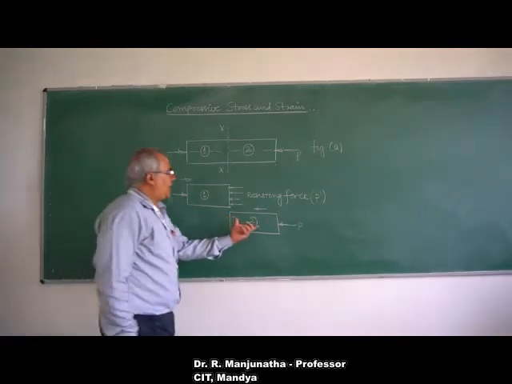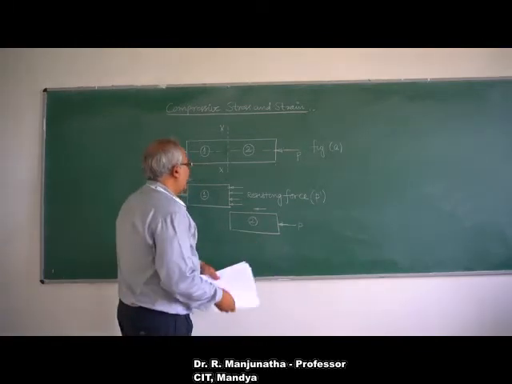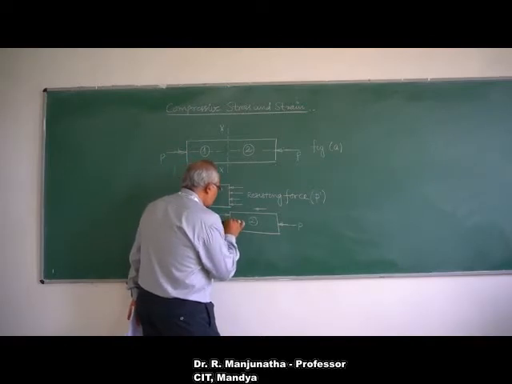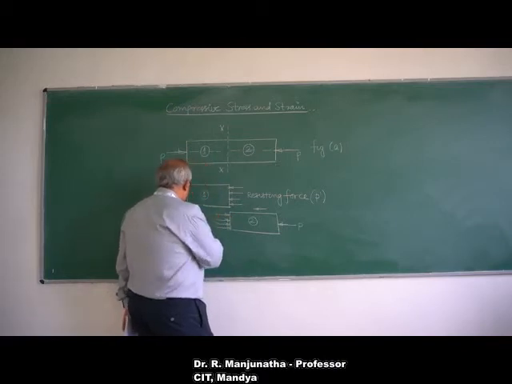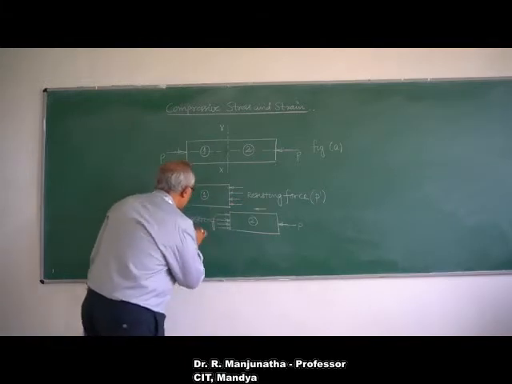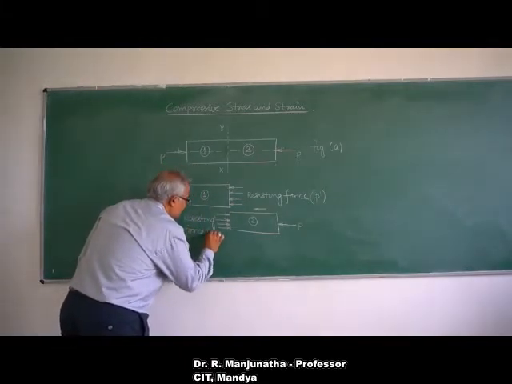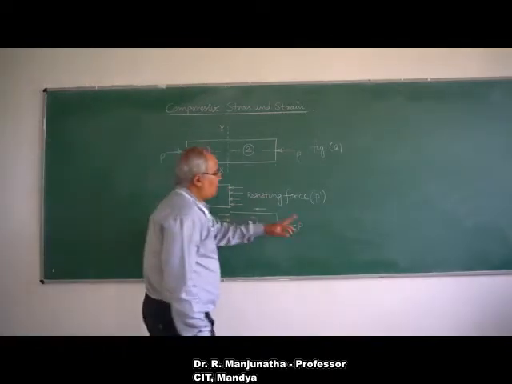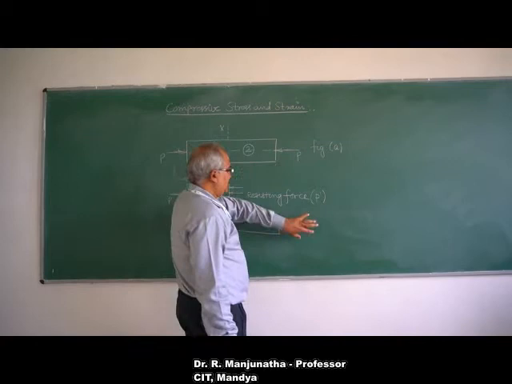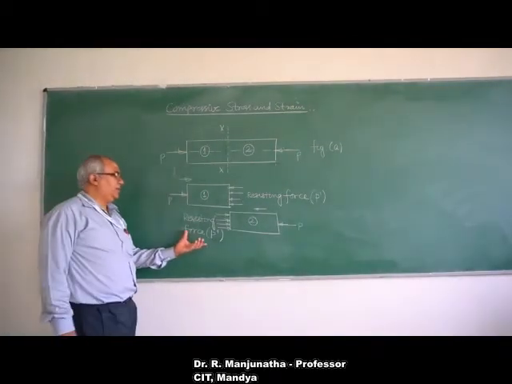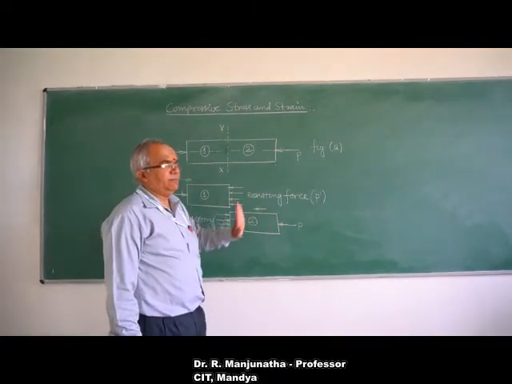In order to keep this body in equilibrium condition, we have to have the resisting force acting in this direction, towards the member, where the resisting force is P dash. The magnitude of this P dash will be equal to the applied load. So if the load applied here is 100 Newton, the resisting force will also be equal to 100 Newton, then only the body will be in equilibrium condition.